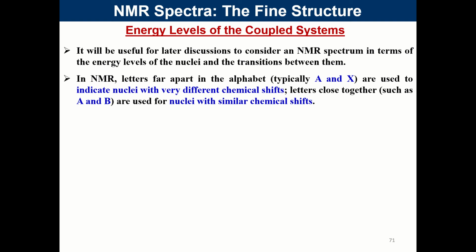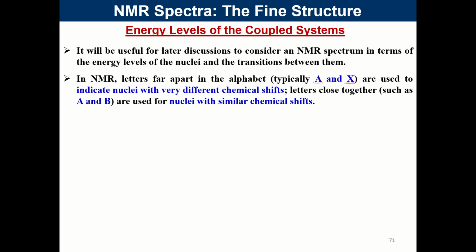So the starting point was that we take it like the letters in the alphabet. Suppose two interacting nuclear spins have very different chemical shift values, then we name it an AX type interaction, because A and X are well separated in the alphabet, but A and B are neighbors.